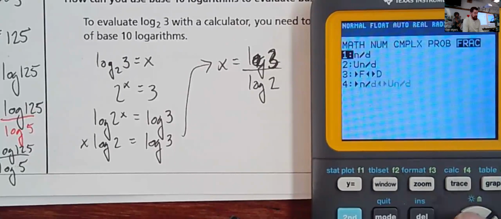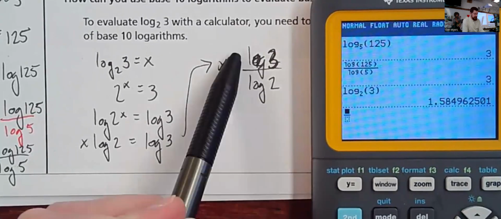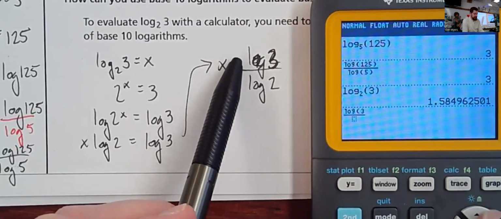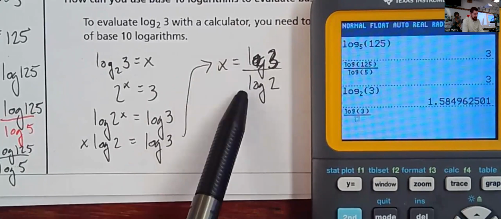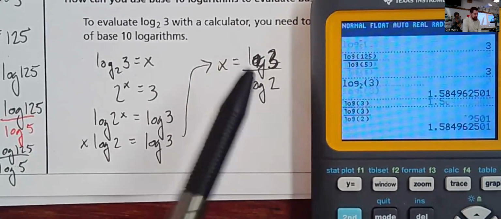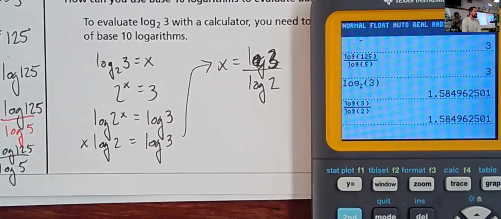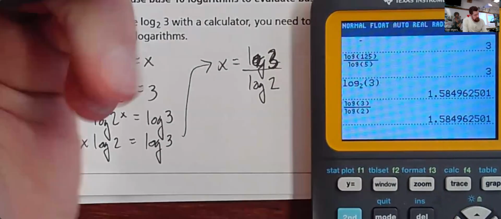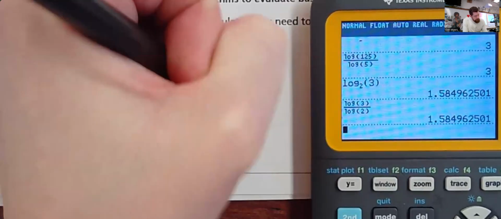So open up a fraction, log 3, divide by log 2, and what do you know? Exact same thing. So x is approximately 1.585.